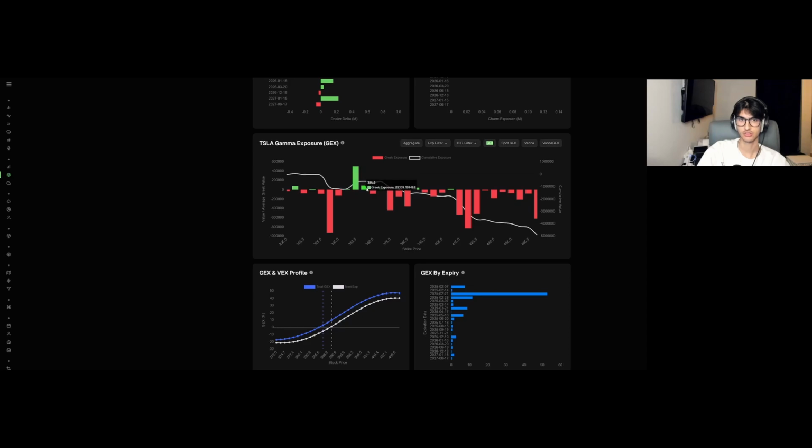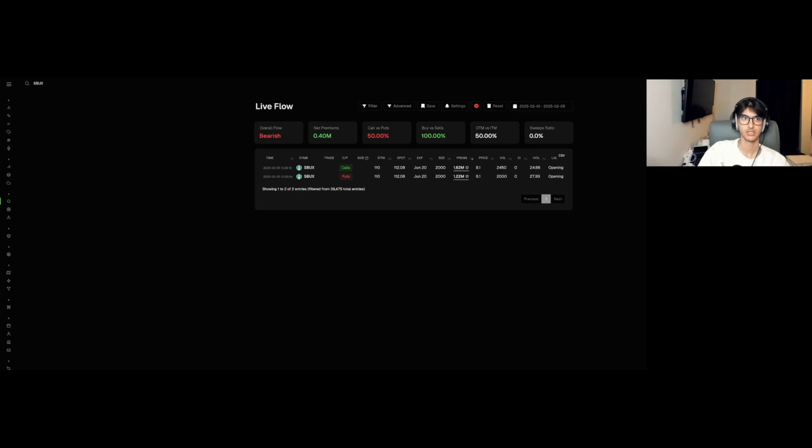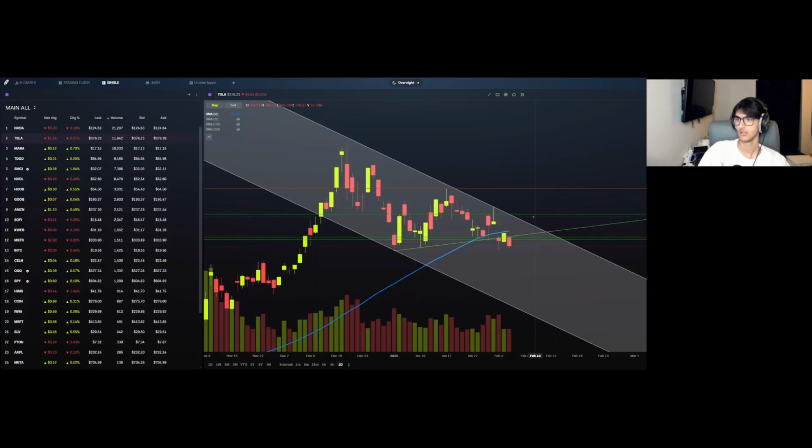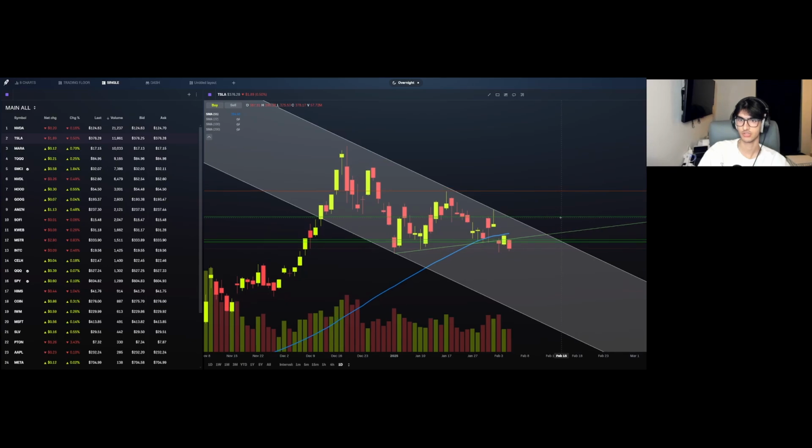Looks like the picture has shifted a little bit. We have support at 370, a lot of negative exposure all the way up to 390. So let's just update our chart a little bit.